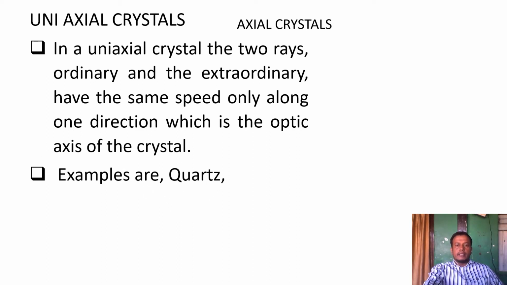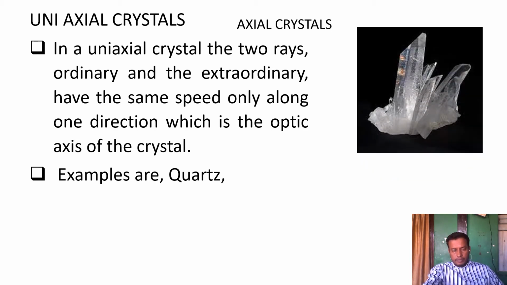Which are the uniaxial crystals? Like quartz. As you see, this is the quartz. It can be shaped into a perfect crystal. This is a rough crystal. And calcite, another example of a uniaxial crystal.